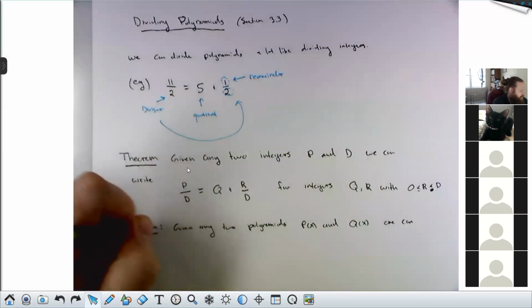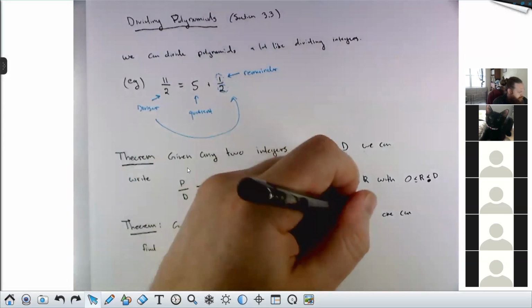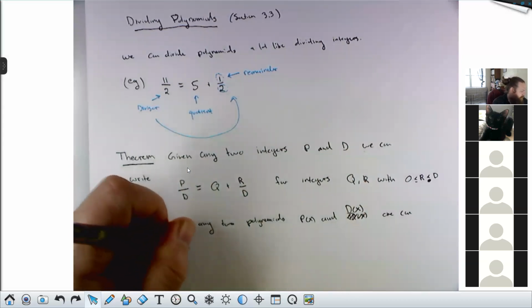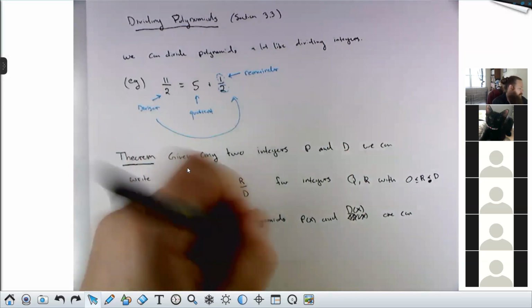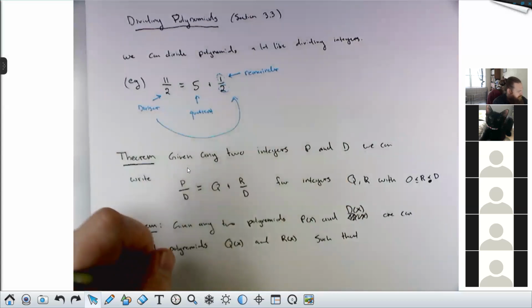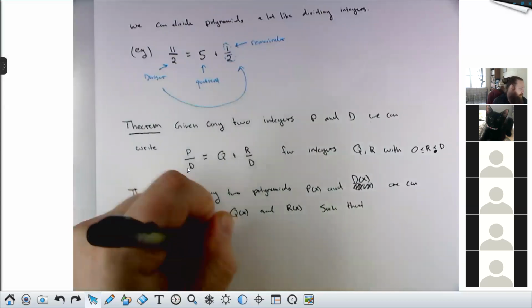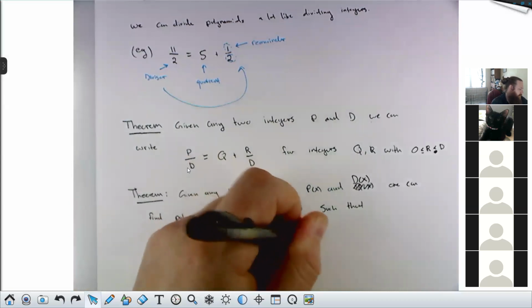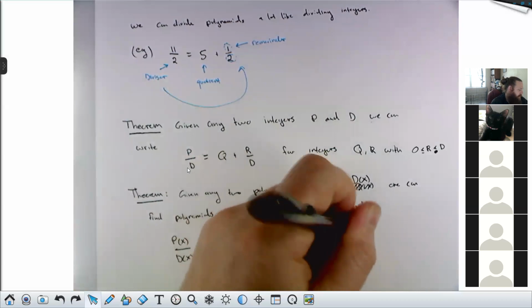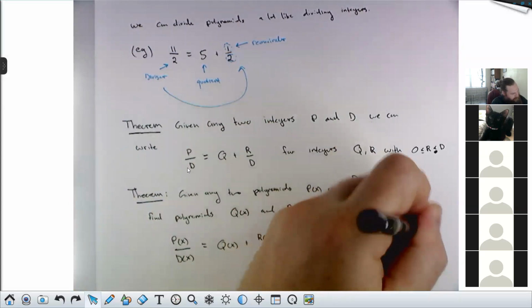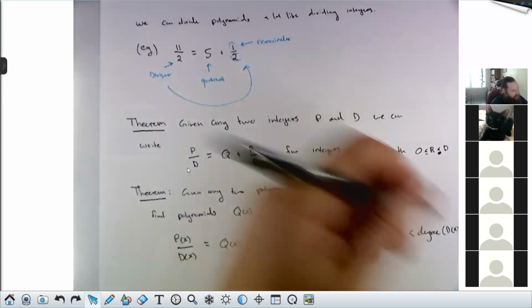One can find polynomials Q of X and R of X such that P of X over D of X is equal to Q of X plus R of X over D of X, where the degree of R of X is smaller than the degree of D of X, strictly smaller. It's the exact same thing, just restated with polynomials.